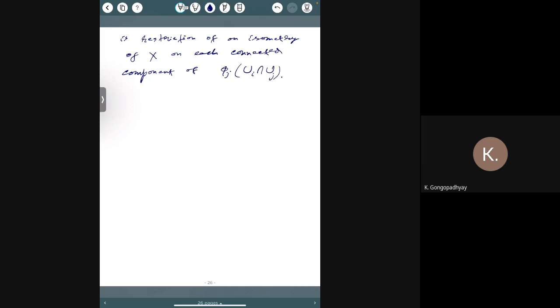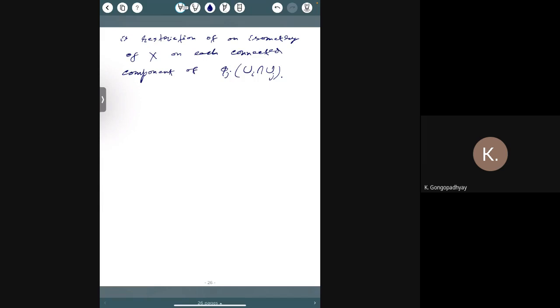Usually we will take orientation preserving isometry. All right, so this is the definition.